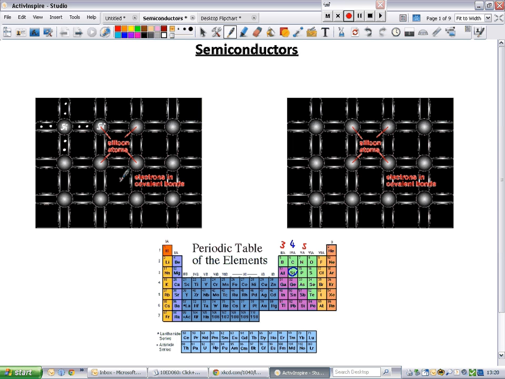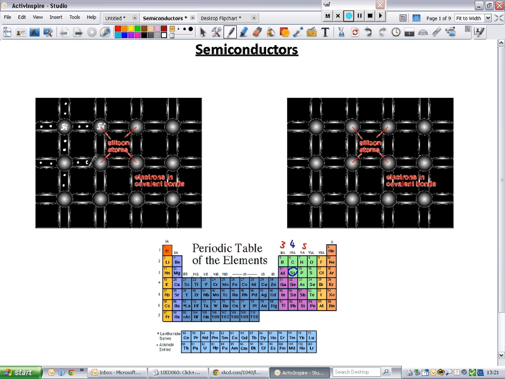However, if you then attach that to something from group 3, so it could be boron, aluminium or indium, or any of these elements in group 3 here, group 3 have 3 outer electrons, so you end up with something that looks like this.